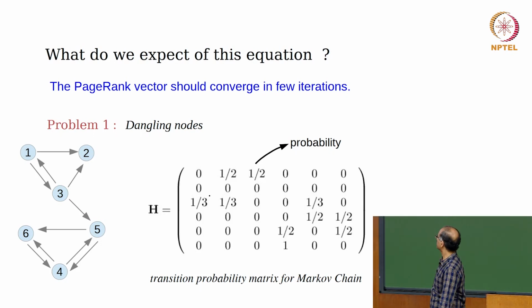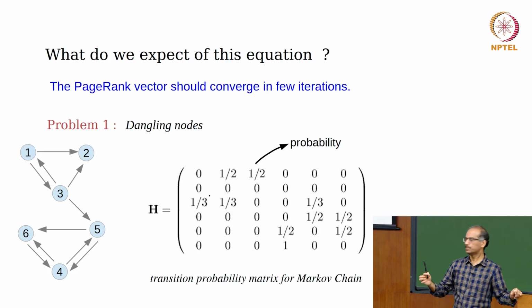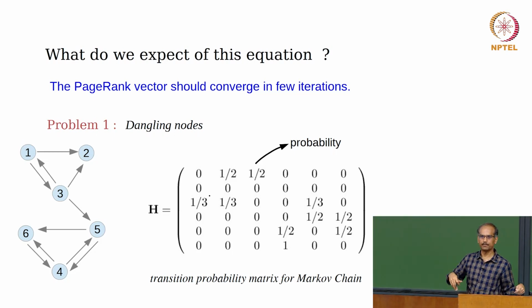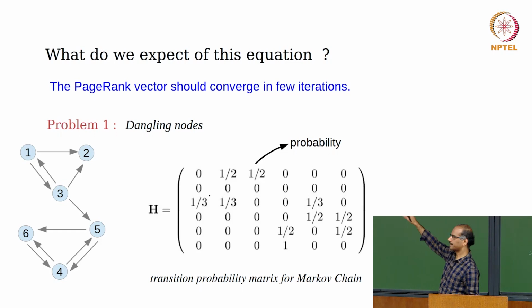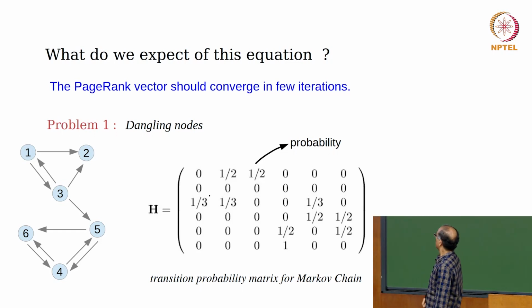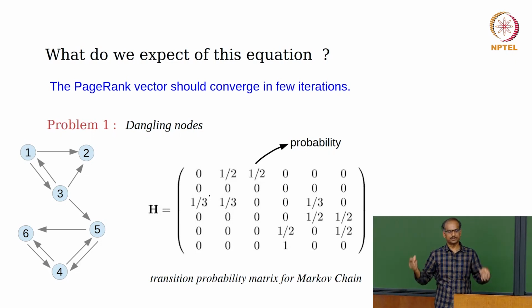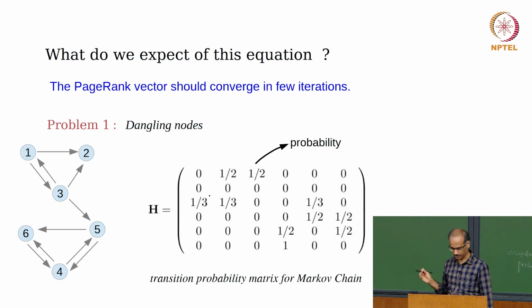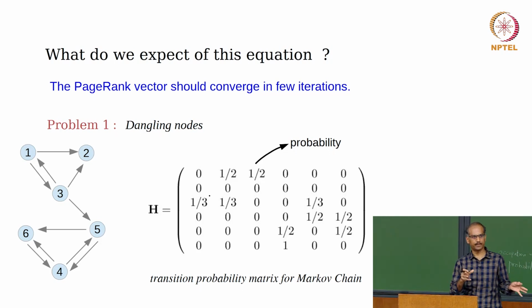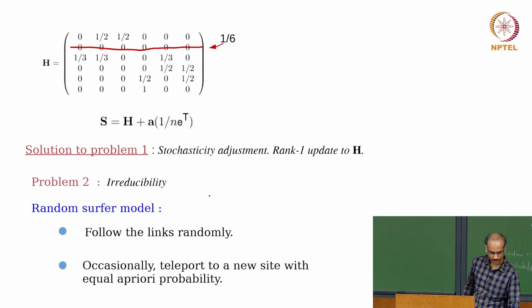For example here, you see that the entire second row is 0, simply because once a walker gets into node 2, the walker cannot come out of it. So that is a dangling node. There's a way to go in, but there's no way to come out of it, and that creates a problem. If you have an entire row of zeros and many such rows, that is a recipe for a problem. You can't directly apply Perron-Frobenius in that case.